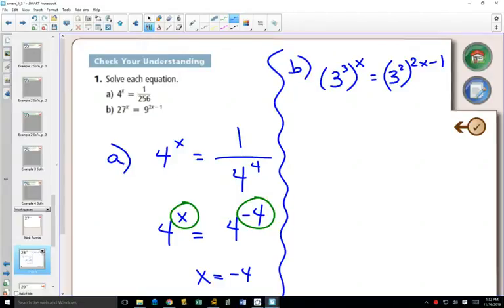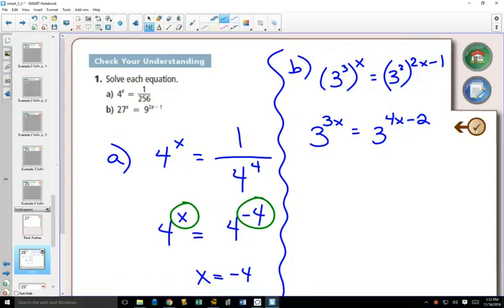So now we use our exponent rules. What do you do with a power to a power? You multiply. So this side will be 3 to the 3x. And this side, when I multiply that through, will be 4x minus 2. And we succeeded in getting both sides to be the same base.